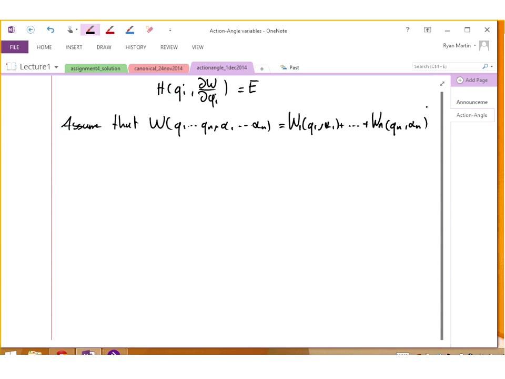For example, for a simple harmonic oscillator, we'll be able to determine the frequency without having to actually solve for the equations of motion. This action angle variable is a formalism for finding the frequencies of a system without having to solve for the system. Okay? So of course you have to consider systems where the motion is periodic.